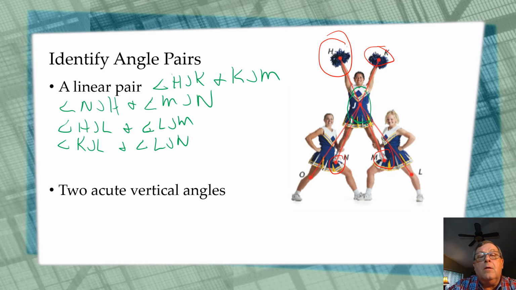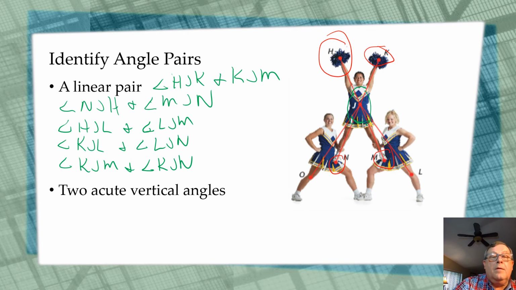KJM and MJN, there's another linear pair.